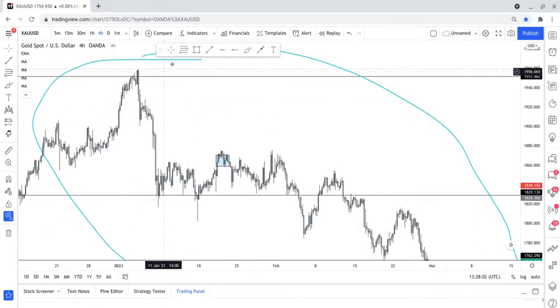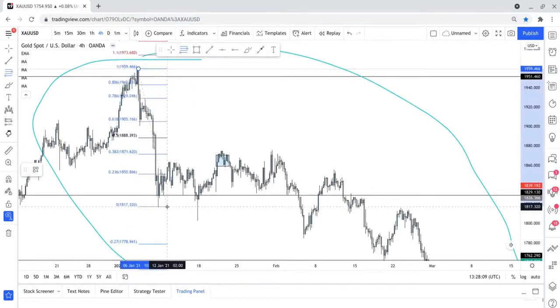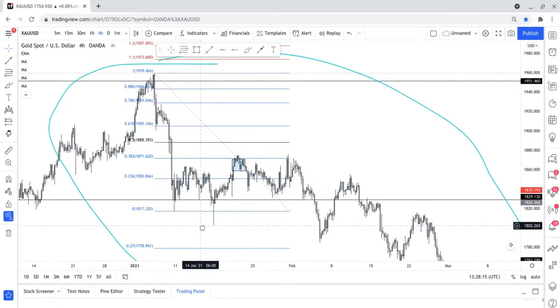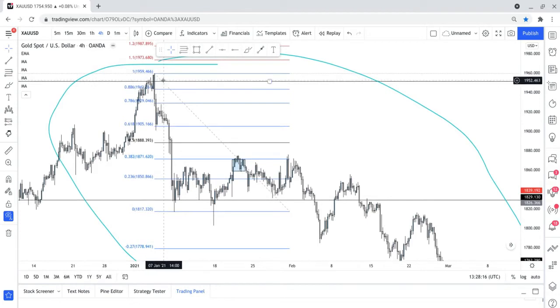What we're going to do is put our Fib level from the top wick to the bottom wick right there. Beautiful. You see this wick? Catch it, right? So what we're going to do right now is wait for a beautiful candle confirmation, okay?